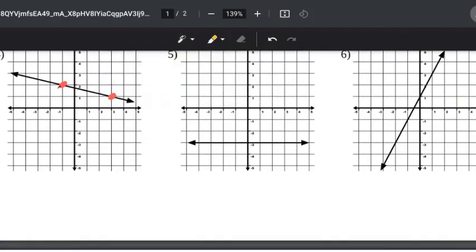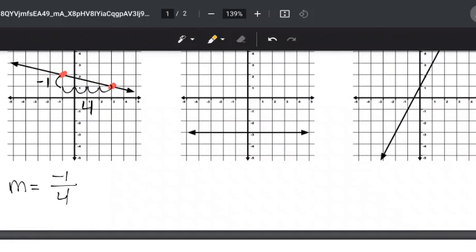And that movement is down 1. So that is -1. And now I'm counting to the right. 1, 2, 3, 4. Right is positive. And there we go. We cannot simplify 1/4, so it is -1/4.